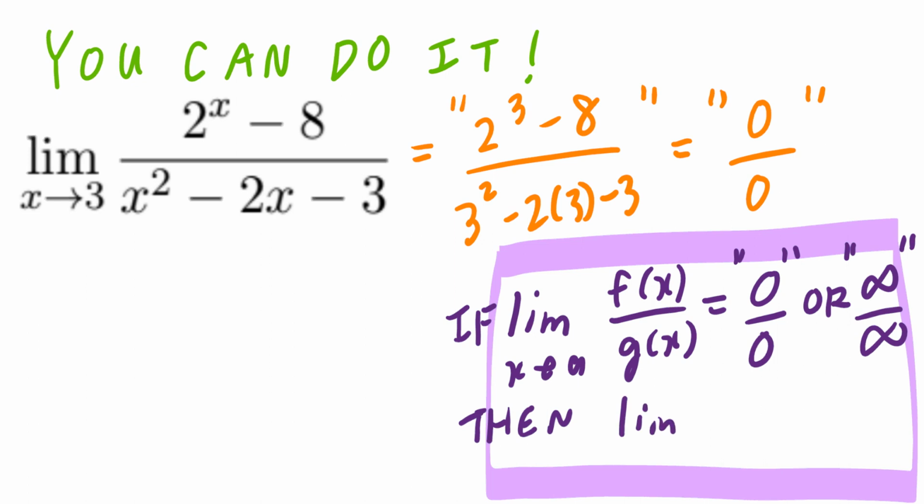So you take the limit as x is approaching a of f prime of x divided by g prime of x. And you have to try again.